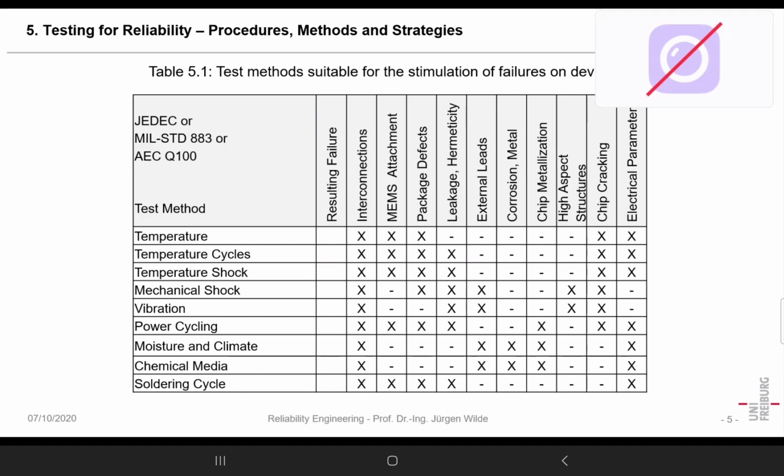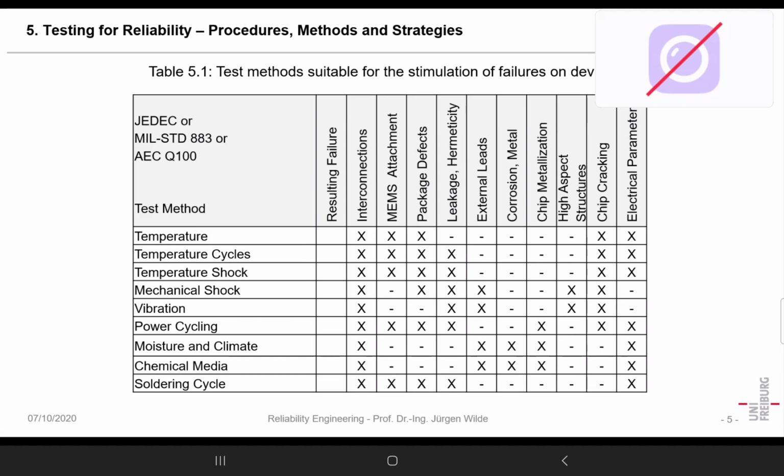And on the other hand, it also makes no sense introducing a new failure mode, for instance, by testing under too hard conditions, so that failure mode will not occur in the field. That makes also no sense. Sometimes the testing in the lab is harder than in the field.